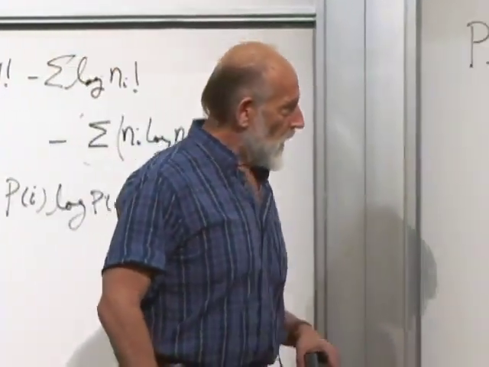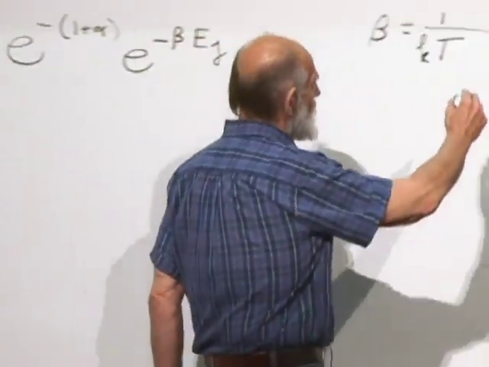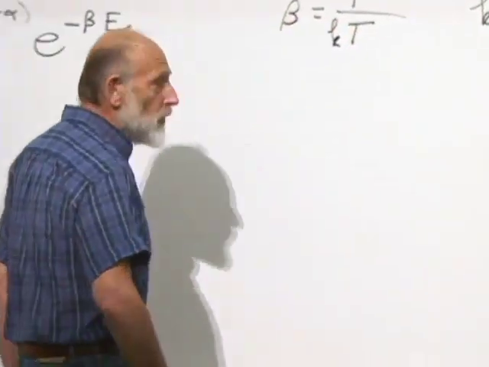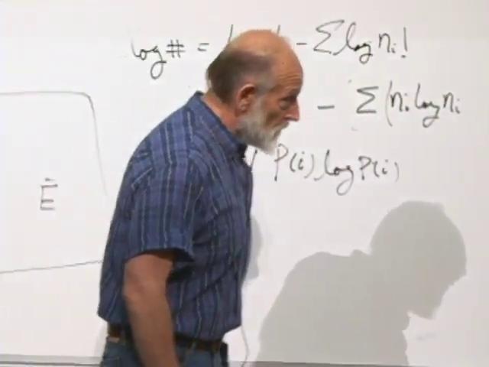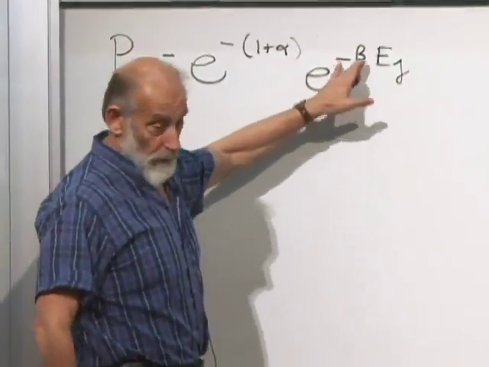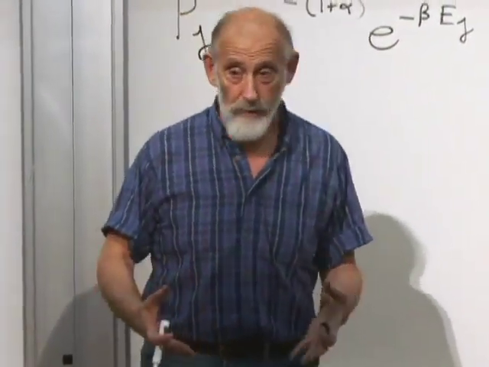In other words, for most purposes, I will set k equal to 1 and work in units in which temperature has units of energy. Okay, so beta then is actually 1 over the temperature, proportional to 1 over the temperature. But why that's true, we have yet to establish.